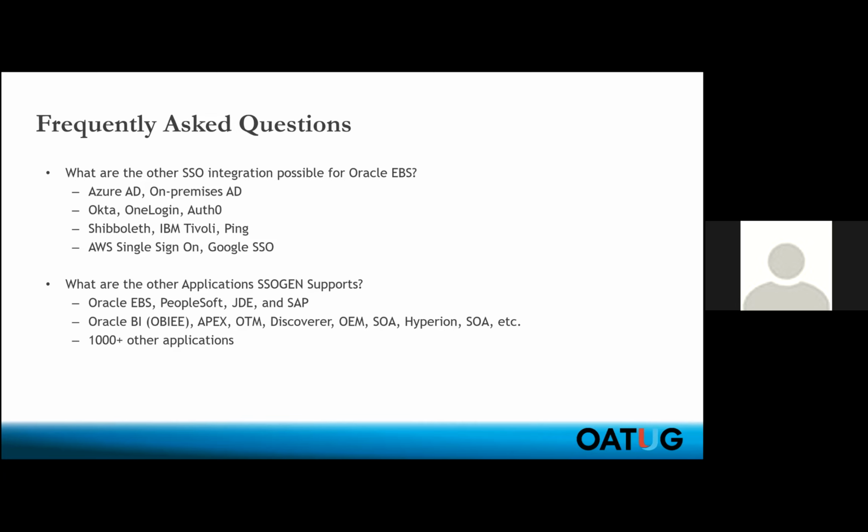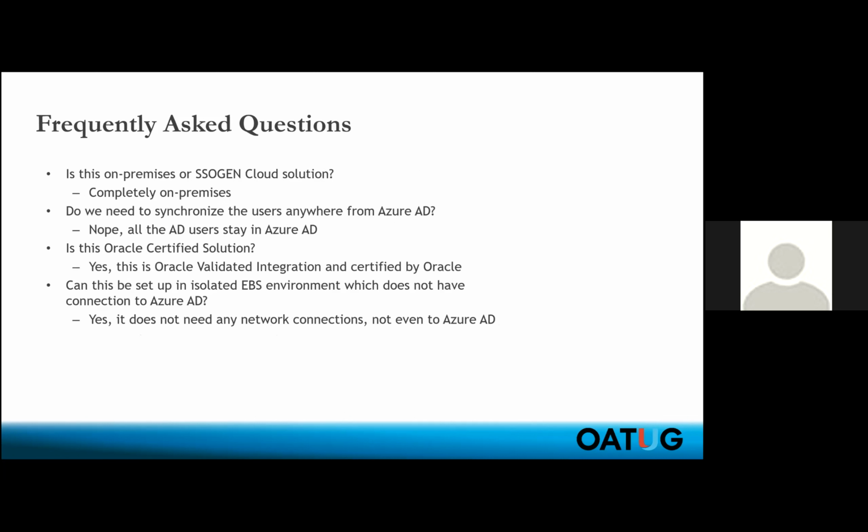So things like Google SSO, if you are using Google Suite for the offices, IBM Tivoli Access Manager, Auth0, OneLogin, Okta, on-prem AD, and Azure AD. And it works with a lot of Oracle applications, PeopleSoft, JDE, SAP. Of course, SAP is not Oracle, but a lot of ERP systems, and all the bolt-on applications around EBS. It's not just an EBS-only solution. If you're using anything that's integrating with EBS, you would also need SSO onto those applications as well.